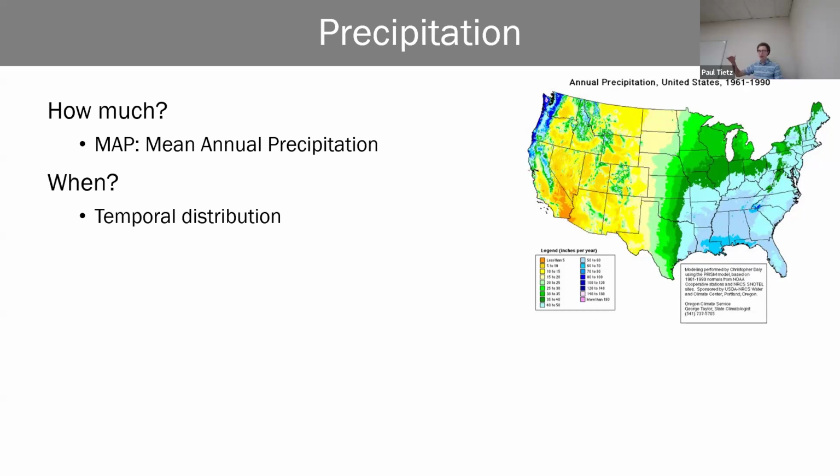Is all the precipitation falling in the winter and the spring, kind of like it does around here with a really dry summer, or is it more evenly distributed throughout the year? That can have an effect on what happens in the soil. All these differences between both the total amount of precipitation and our temporal distribution of it, we call them SMRs, a soil moisture regime.